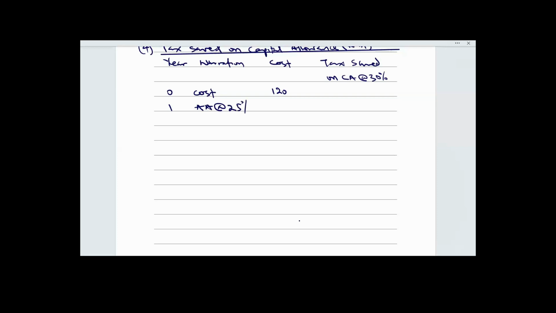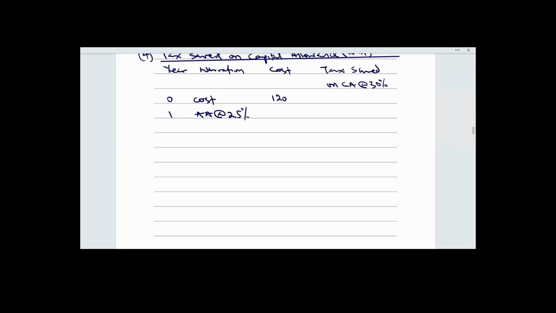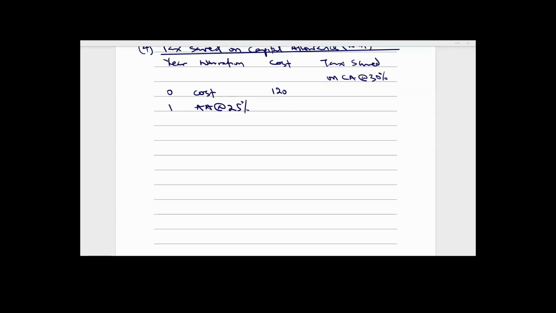So multiply by 25%. What's 25% of 120? From your calculator, 120 multiplied by 0.25 equals 30. 120 minus 30 will give us 90. So this 90 is the tax written down value at the end of year 1.